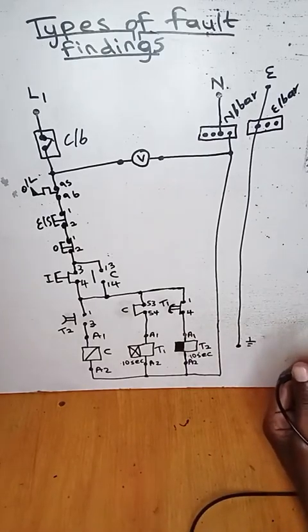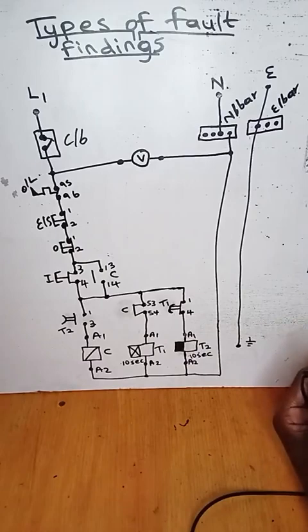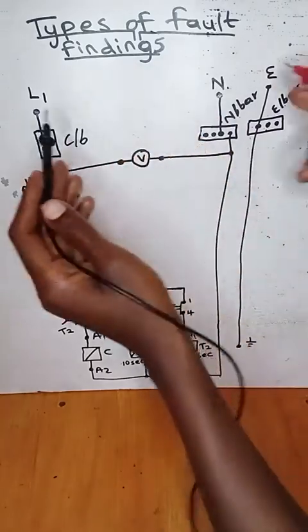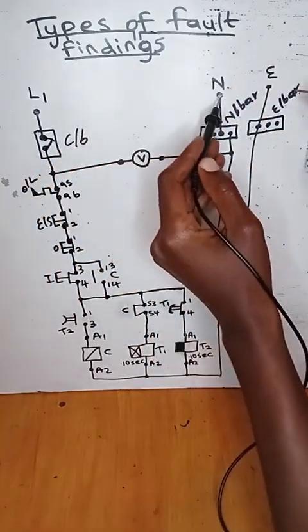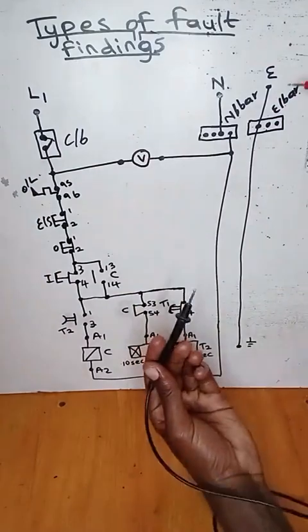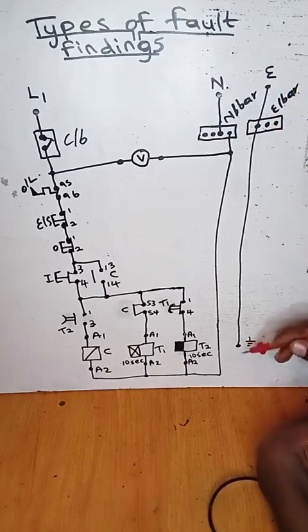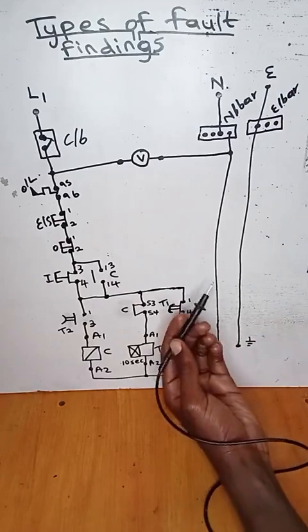So right now we will test our neutral with earth. We have tested live with neutral. Right now we test neutral with earth. We put earth here the same way as we are testing here, the neutral bar, and to the last point of earth, right?